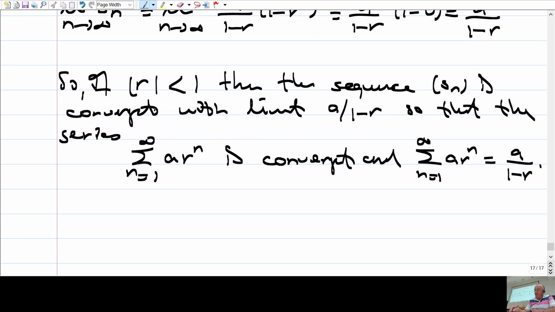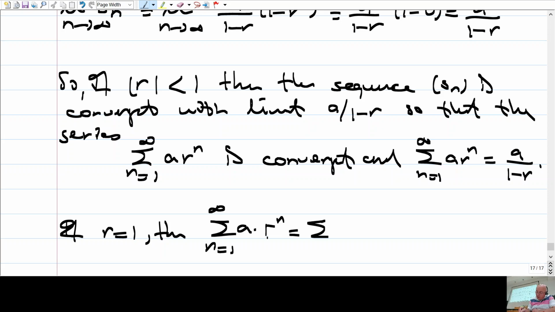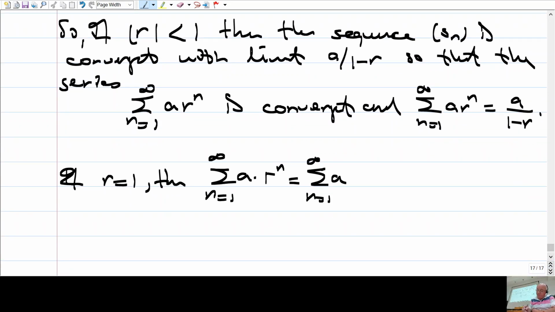What about the other cases? If r equals 1, then r to the power n is just 1, therefore each term is just a. So you just keep adding a by itself infinitely many times: a plus a plus a.